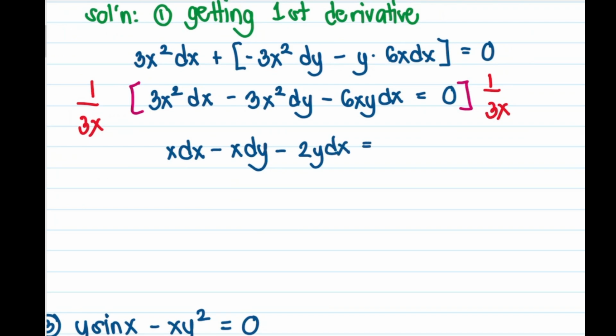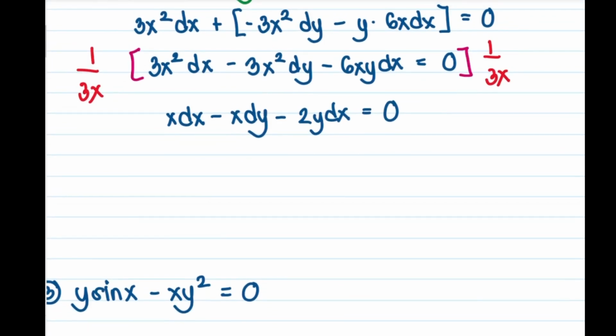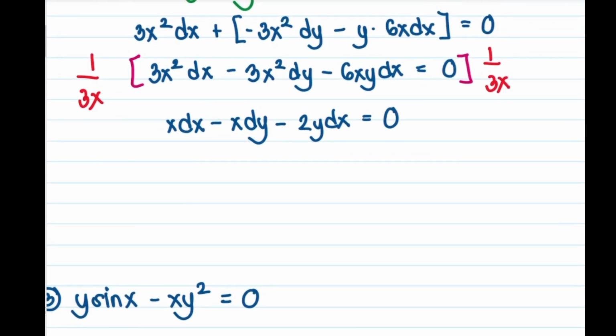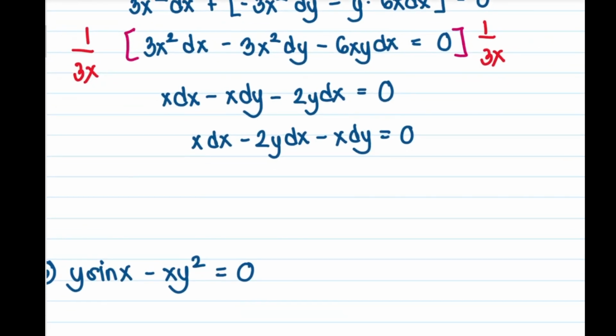Okay? So equivalent to 0. So after this, we can group the like terms. So that will be x dx minus 2y dx minus x dy equals 0. So let us simplify further. So x minus 2y, by grouping the like terms, dx minus x dy is equal to 0. So this one will be your final answer.